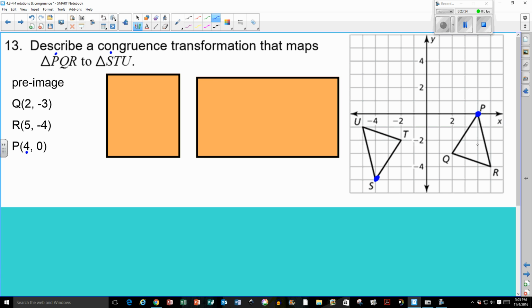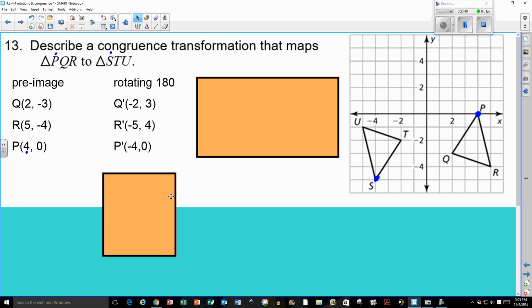The first thing we want to do is rotate it around. If we rotate it 180 degrees, we get these points. Remember, rotating 180 degrees, they just switch signs. So -2, 3. Here's Q prime, so Q rotates to here.